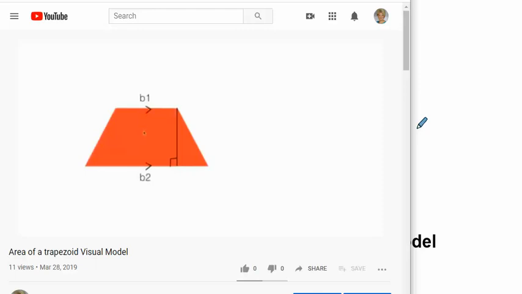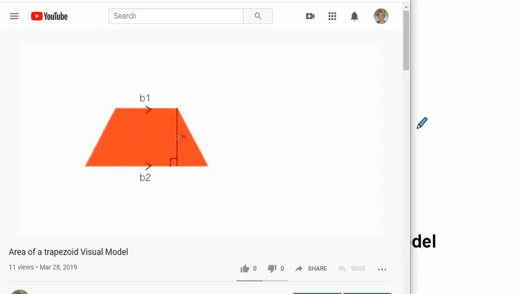Remember, your bases are always going to be those parallel sides. So it doesn't matter if this is flipped up or rotated over. Wherever your parallel sides are, those are going to be your bases. And I could call this B2 and this one B1. It doesn't really matter.